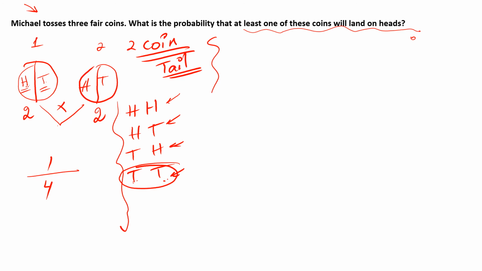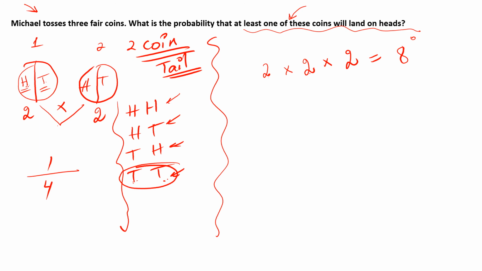Now come to our question, which is saying you are tossing 3 fair coins. It means the first fair coin has 2 total outcomes, the second will have 2, and the third will have 2. So the total outcomes will be 2 times 2 is 4, 4 times 2, that will be 8. Now, at least one of these coins will land on heads.